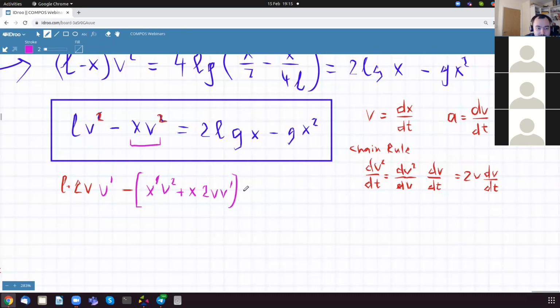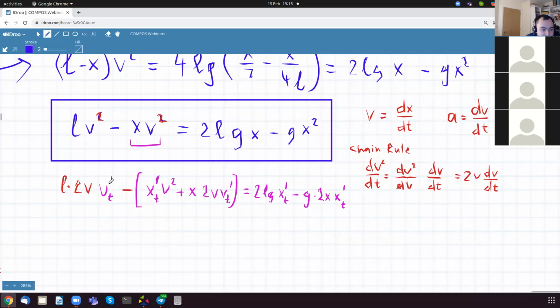That equals 2lg, that's a constant, so it's 2lg x prime, with respect to t, and minus gx squared, which in the same way is going to be g multiplied by 2x x prime with respect to t.